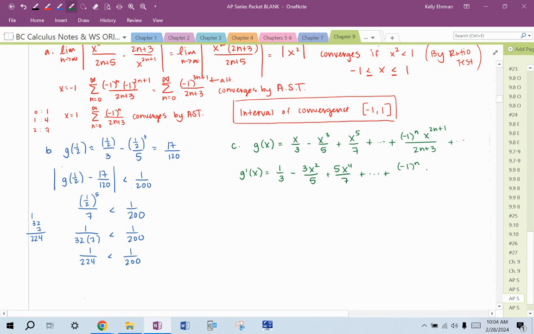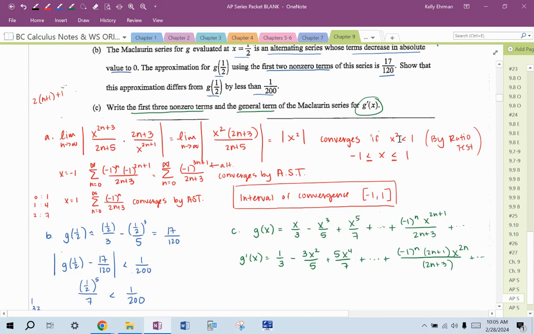We're pulling the exponent down in front, 2n plus 1. Put it in parentheses. It's a quantity. x is now to the 2n plus 1 minus 1. We subtracted 1 from our exponent, so x is just to the 2n. And the denominator is still in place. Nothing cancels or simplifies, so we just leave it like that. And that's all we had to do for part C.